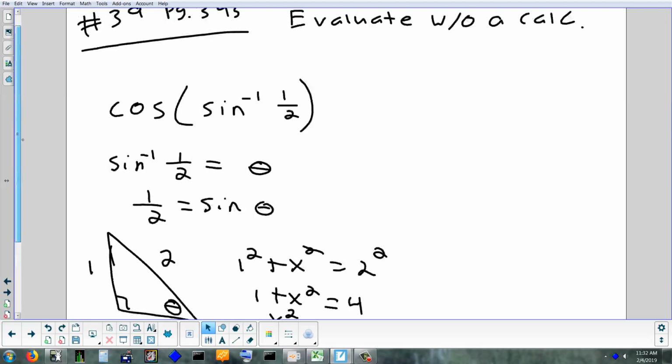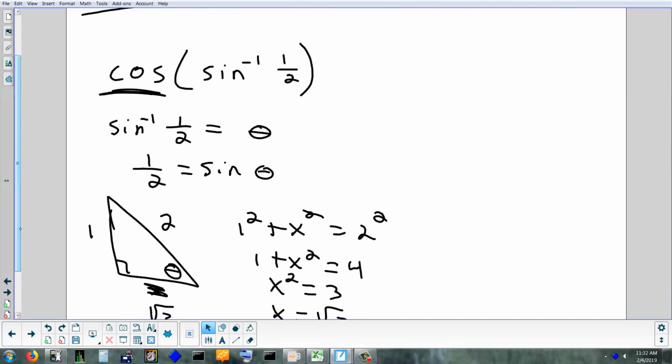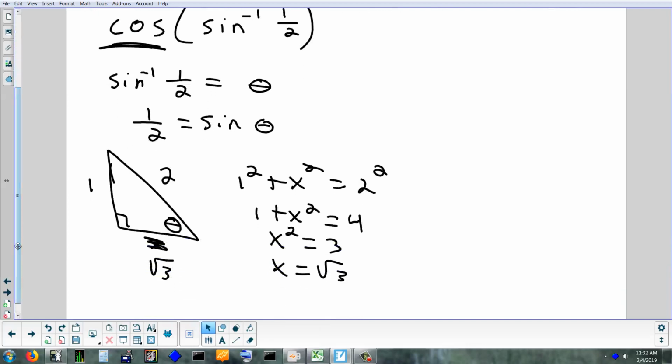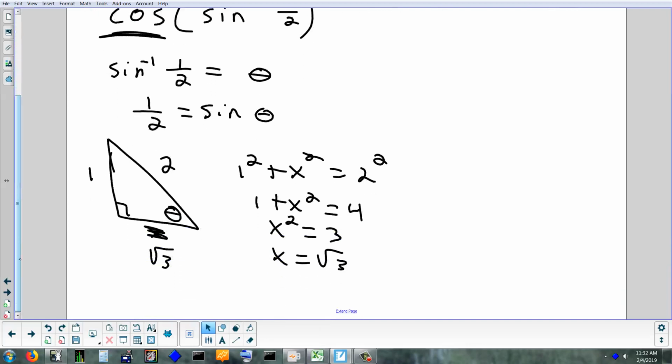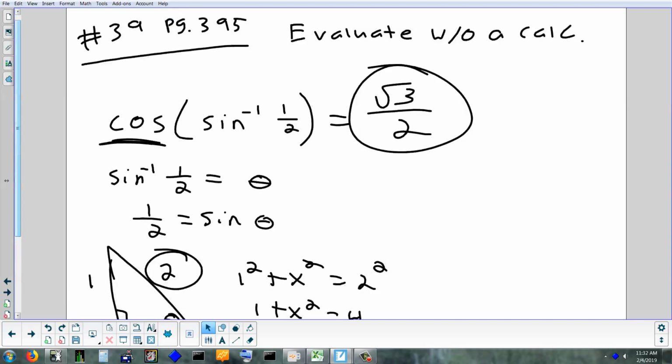Let's go back up and see what they want. Cosine. They want the cosine of the picture I just drew. What's the definition for cosine? Adjacent over hypotenuse. Square root of 3 over 2. And that's the answer.